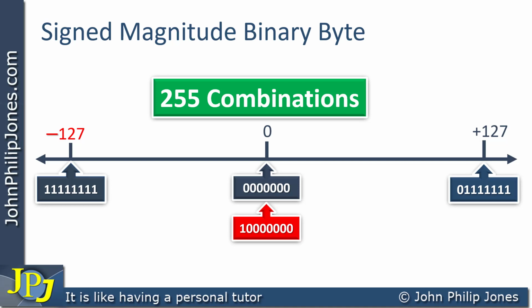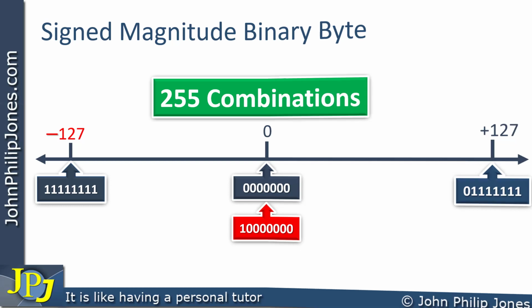Consequently, historically it's good to know about signed magnitude binary bytes, but in reality they're not used anymore within the arithmetic and logic unit of central processing unit because of this issue with having two codes representing 0. You will see that modern central processing units use 2's complement, which I'll be coming on to in due course.